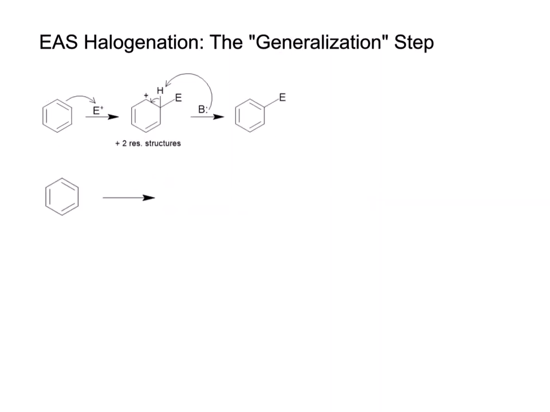In the generalization step for halogenation, we usually draw the entire complex on the line. So we'll draw ClClFeCl3 right here, and we'll show the nucleophilic benzene attacking the end chlorine and breaking this bond.